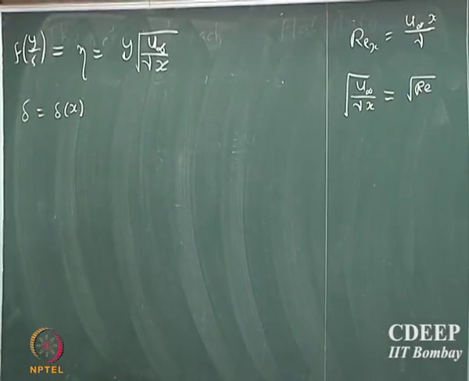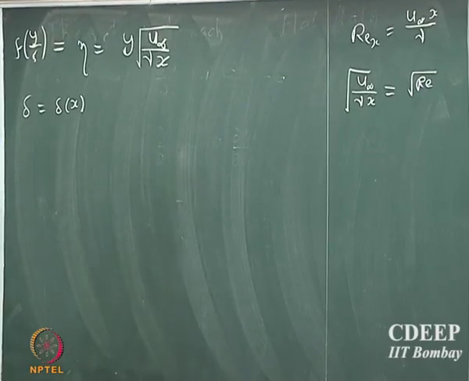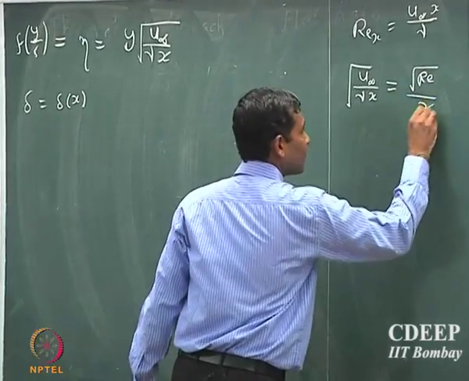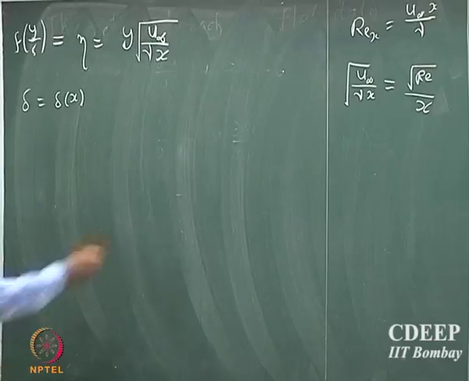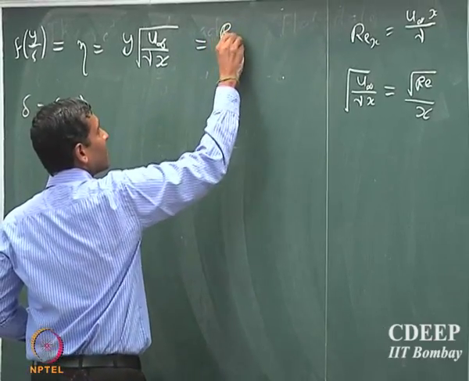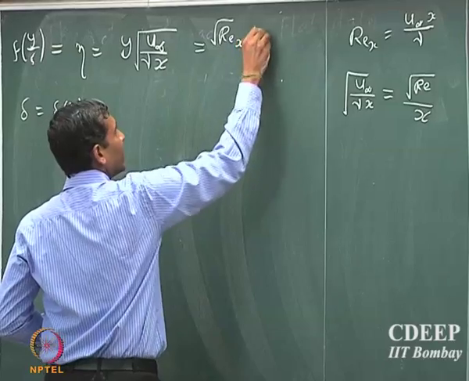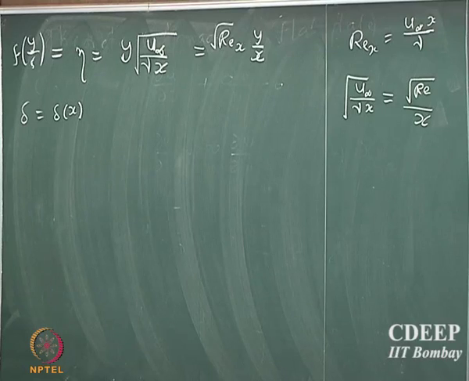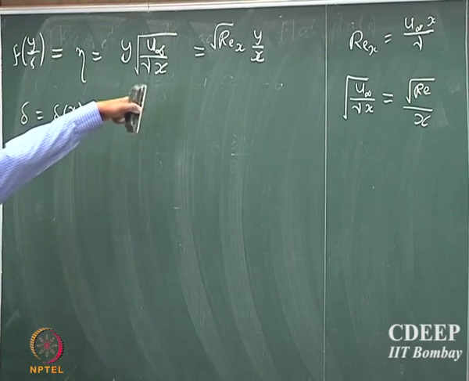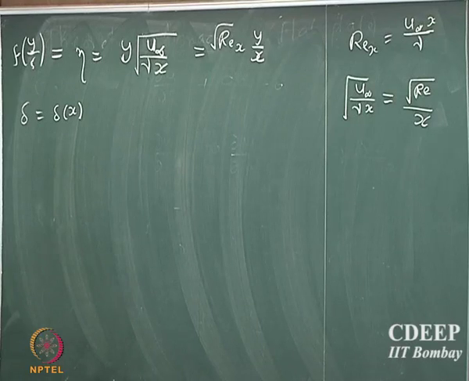You can write it as square root of Reynolds number divided by x, so eta is nothing but square root of Reynolds number into y by x. So it's not magic that he found this form, it's actually related to the Reynolds number, it's related to the properties of the fluid flow.